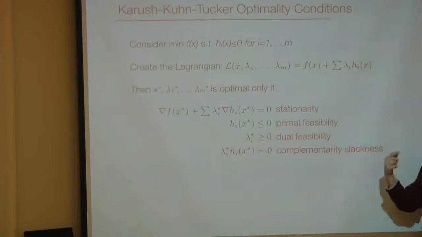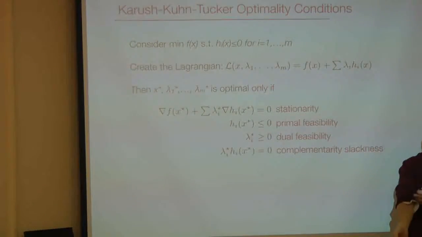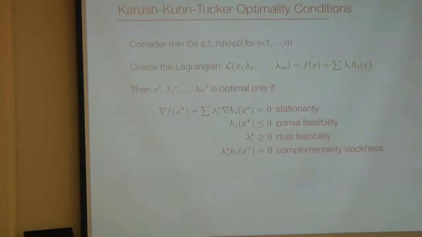But if I just find the optimal solution which satisfies these conditions, I cannot say that this point is the minimum. Because it can still be a maximum, it can be a stationary point, like a saddle point. So these conditions are only necessary.